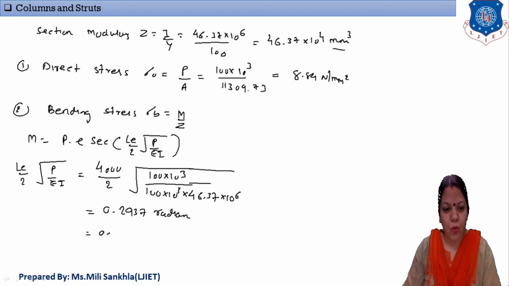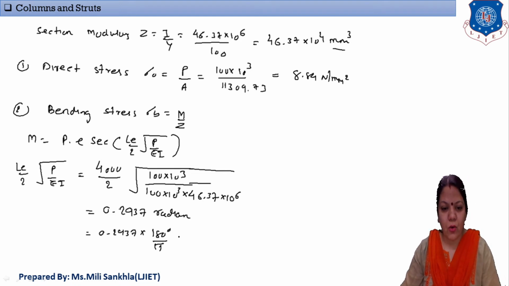Write down radian. Now we convert into degree, because here we ultimately need the value of sec. 1 radian is equal to 180 degree by pi. If we convert degree into radian, then pi by 180, and if we convert radian into degree, then 180 degree by pi.